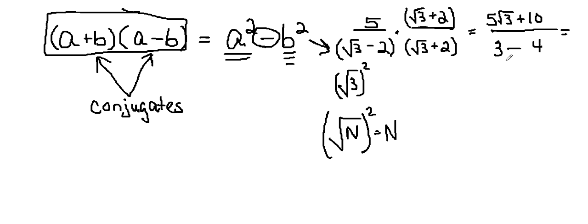So you can see what I end up with. I got 5 root 3 plus 10 divided by negative 1, which just makes this, let's see how, I don't know how they have it written here. Two different ways actually. They have this factored form, or make this a negative out front, I guess would be alright too. And get rid of that as far as you're simplifying.